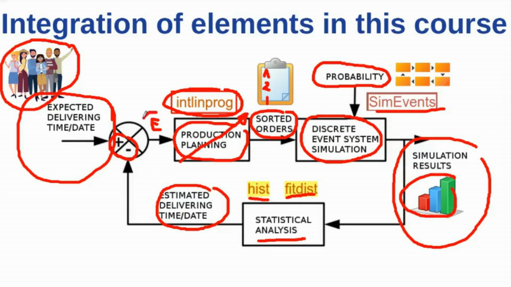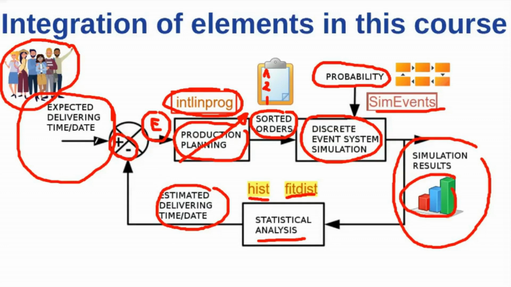Well, this error in here should be 0. That means that the expected delivering date will be exactly the same as the estimated delivering date coming from the discrete event system simulation. But if this error is not zero, and it means that the expected delivering date is longer than the estimated delivering date, it's okay for us, right?